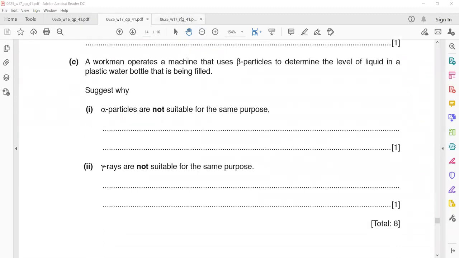Now, a workman operates a machine that uses a beta particle to determine the level of the liquid in a plastic water bottle that is being filled. So how are they determining the level? Say this is a plastic bottle filled with water.